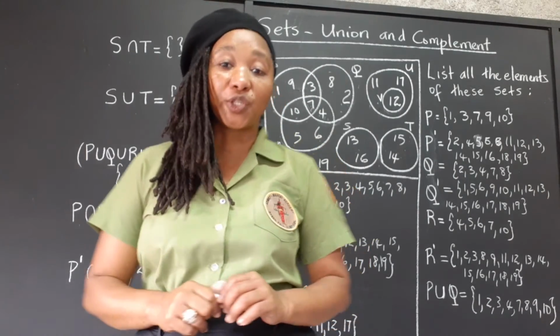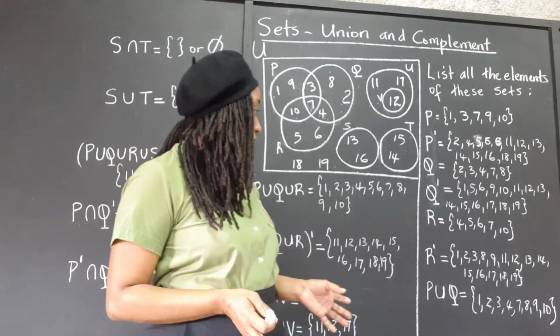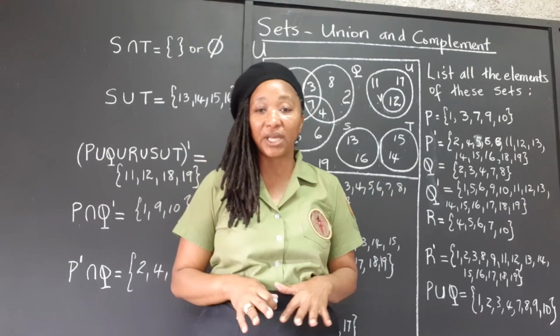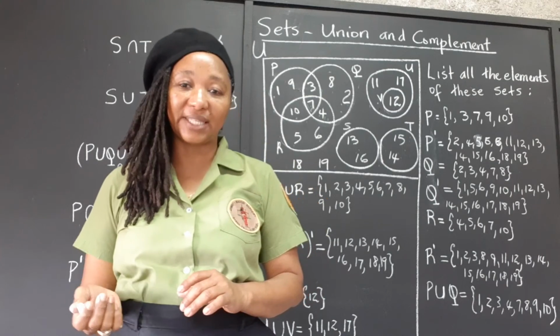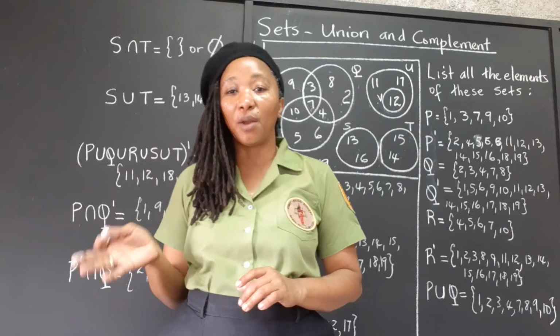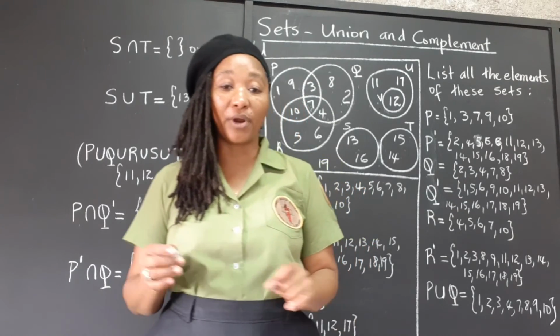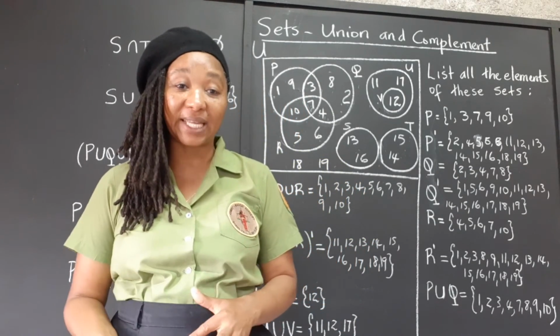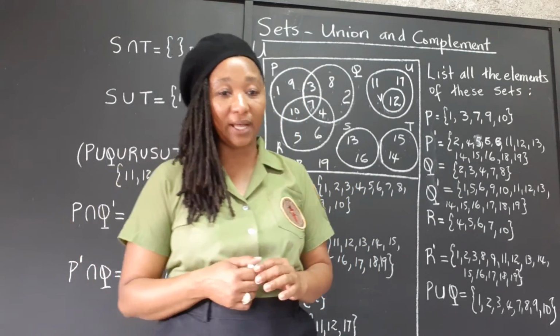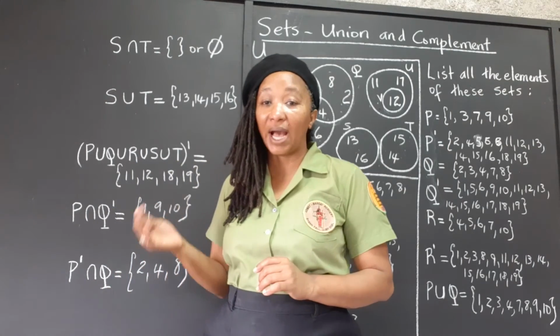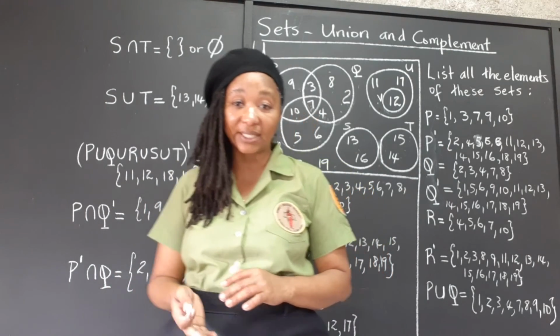Okay, so that's the basics for listing our union, listing our intersection. And if you want more information on the intersection, check that video. If you want more information on subsets, check that video as well as disjoint sets.